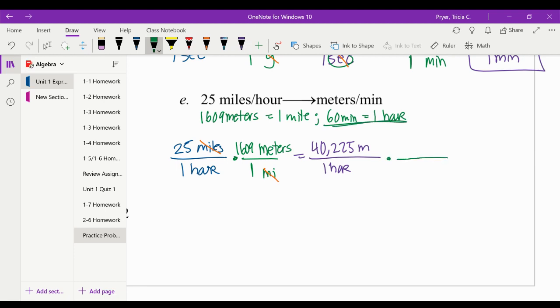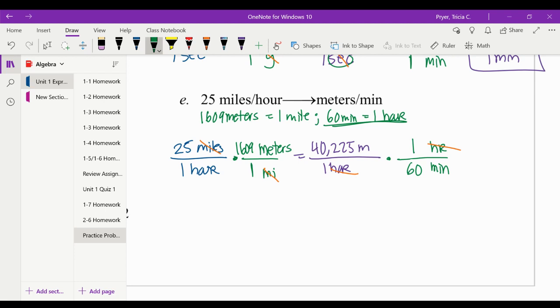Now hours are on the bottom and I want to cancel them out, so I'm going to put them at the top so that hours cancels with hours. And I want to have minutes on the bottom, so I'm going to write that there. Then there's 1 hour per every 60 minutes, all right? Then I go ahead and divide, or I can do 40,225 times 1 over 1 times 60.